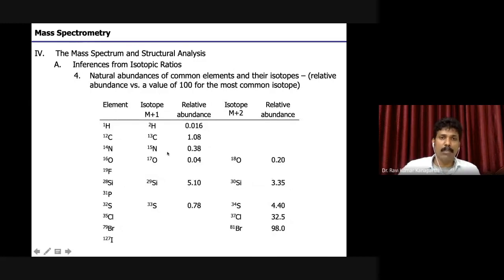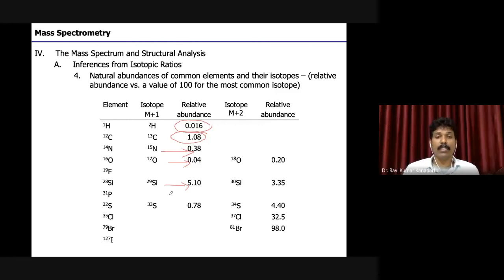For example, you can see in this table the relative abundance of the isotopes. Hydrogen deuterium is 0.016, and then carbon-13; we just discussed these two. Nitrogen can contribute, oxygen can contribute this much, and silicon is another interesting element which contributes even more, even larger than carbon.